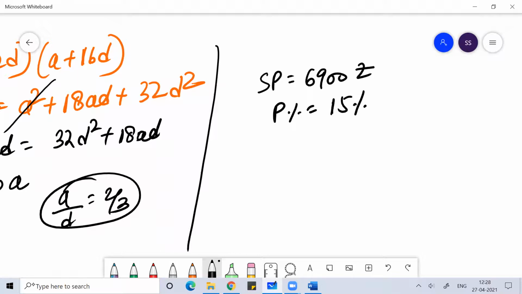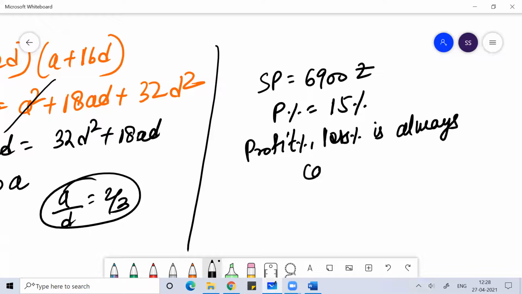We never touch selling price for any kind of calculation. Always understand, it is always calculated on cost price.